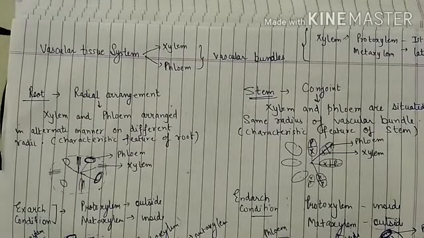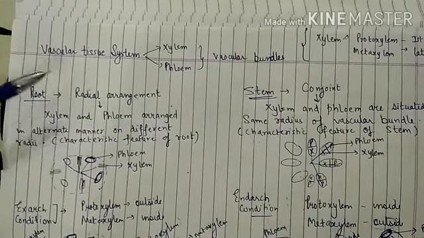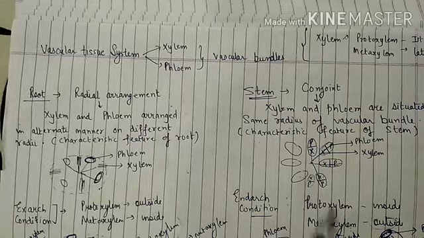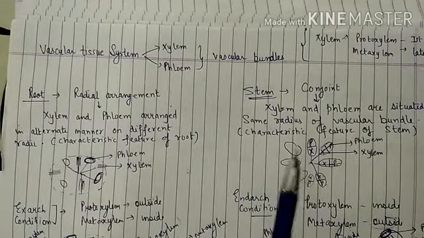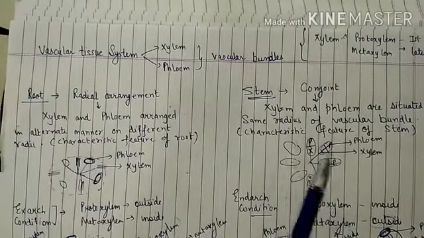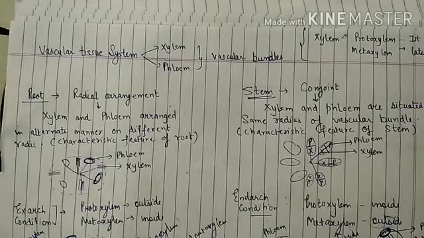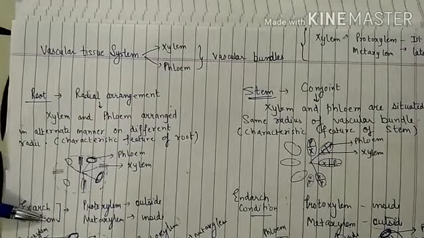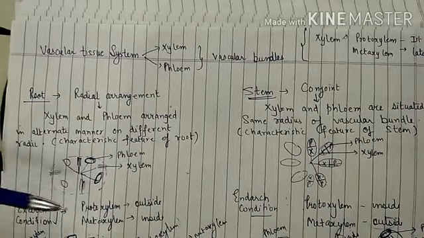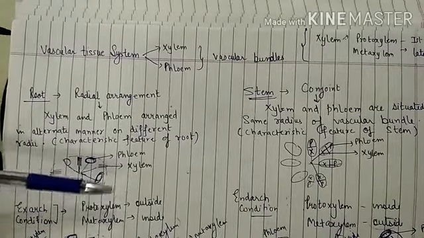So, let us see what we have studied. In roots, you should remember there is a radial arrangement of vascular bundle, and in stem, when we study the anatomy, you have to remember that there is a conjoint arrangement of vascular bundles. Next important thing is that there is an exarch condition in roots, that is, protoxylem, the first formed xylem, is present outside.